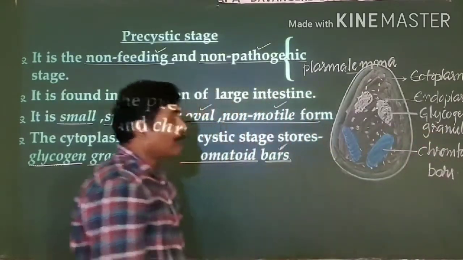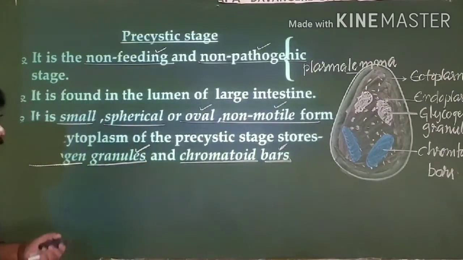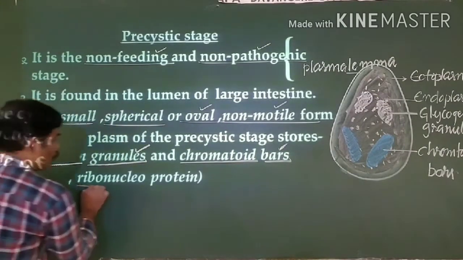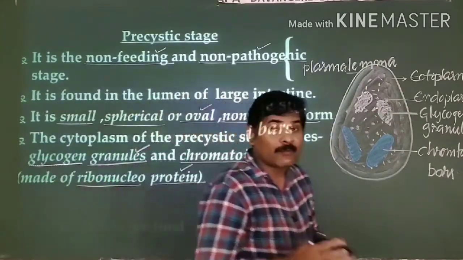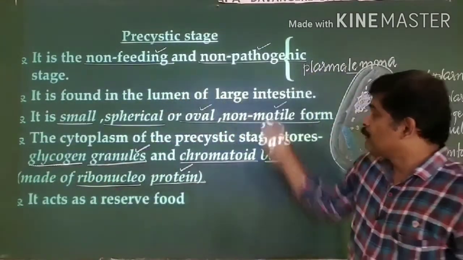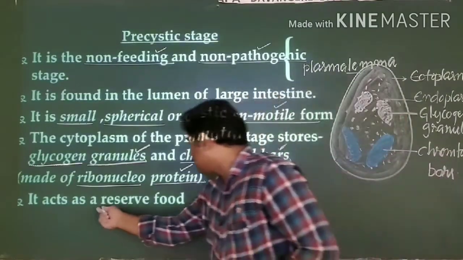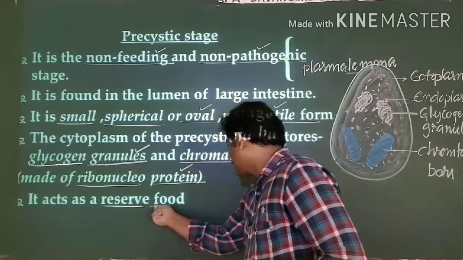But the point is, these are made up of ribonucleoproteins. These two act like a reserved food material within this precystic stage.